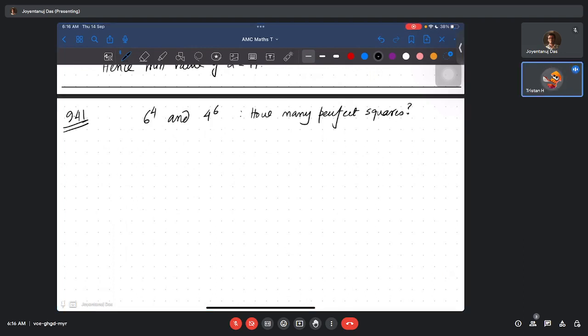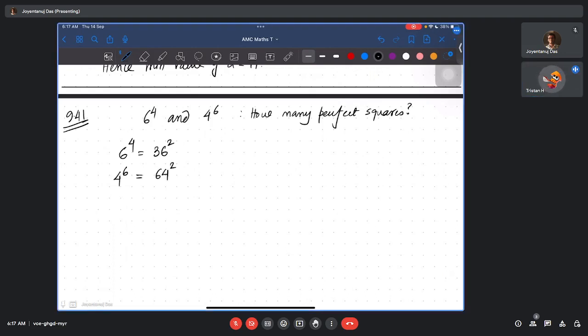That would be 28 perfect squares. Tell me how you are doing it. 6 to the power 4 would be 36 squared, and 4 to the power 6 would be 4 cubed squared, so 64 squared. And it says to exclude 64 and 36.